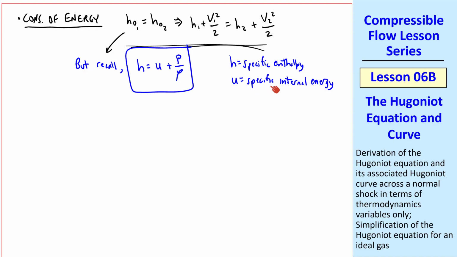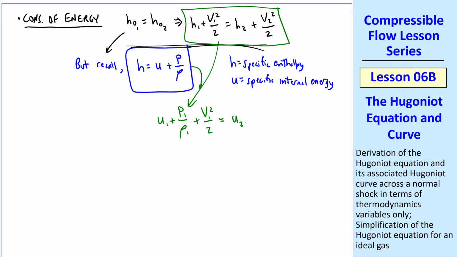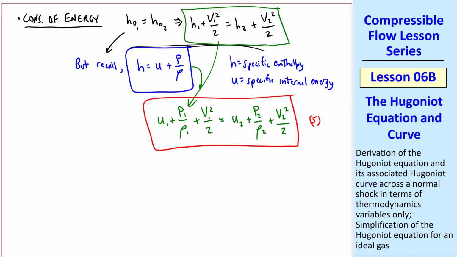And don't confuse specific internal energy lowercase u with the x component of velocity. These are thermodynamic variables. So this equation combined with this one becomes U1 plus P1 over ρ1 plus V1 squared over 2 equal the same thing on the right-hand side, but with subscripts 2. And let's call this equation 5.